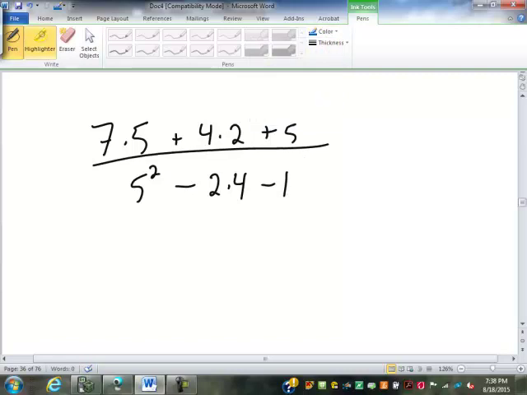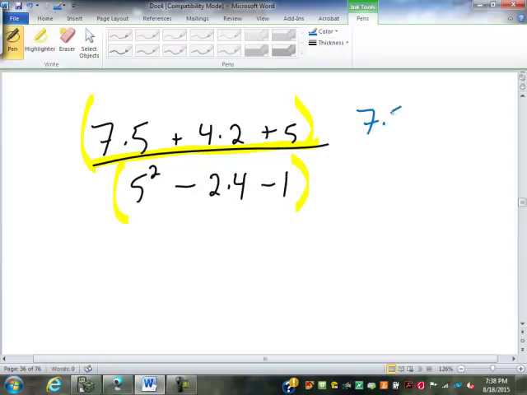First thing we have to do is figure out what this line across here means. What does it mean? Okay, division. Yeah, it's what we call a fraction bar, and it does mean divide, but it's also an enclosing symbol. It separates part of the problem from the rest. So it's telling us that we have to do everything on top first, then everything on bottom, and then we have to divide. So let's start out on top.